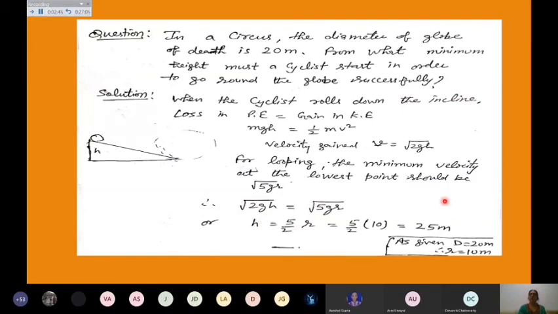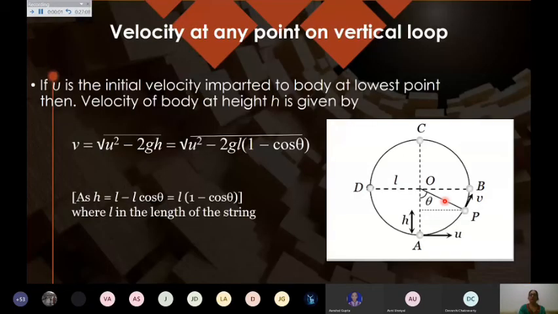Similarly, I can give you a table for learning so that you can keep things in mind. Another way of writing, if I am finding velocity on a vertical loop, in place of r I am taking L as the length. Then this is also another method to write the velocity in terms of cos theta.